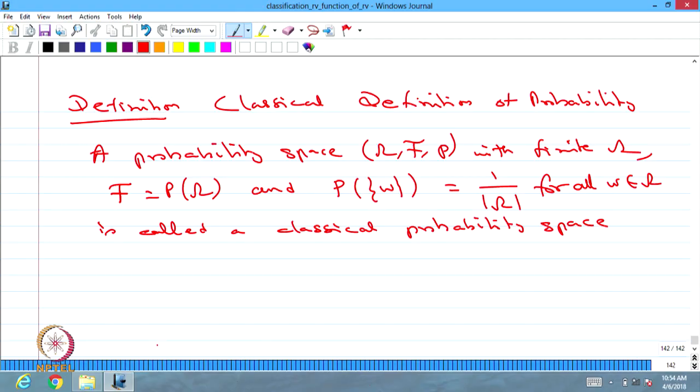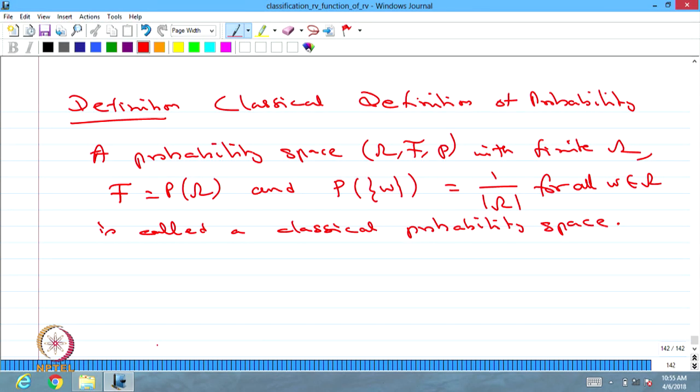If these three conditions are satisfied, then that probability space is called a classical probability space. There is another name for this, called Laplace probability space. In this situation, the probability P is called a classical probability.